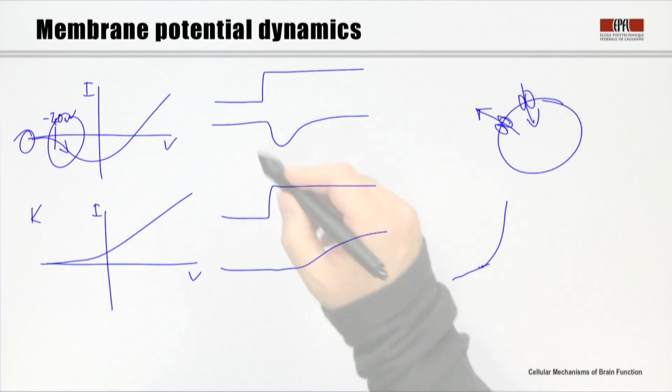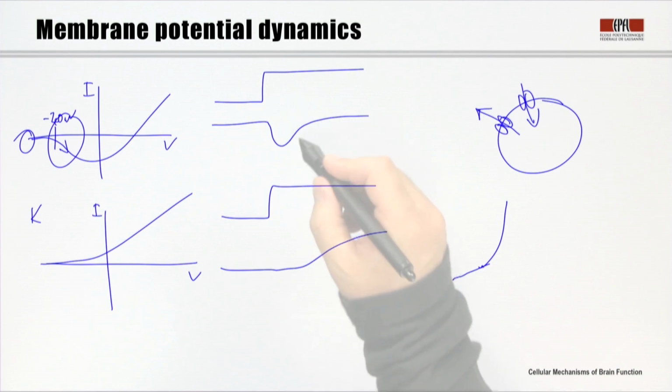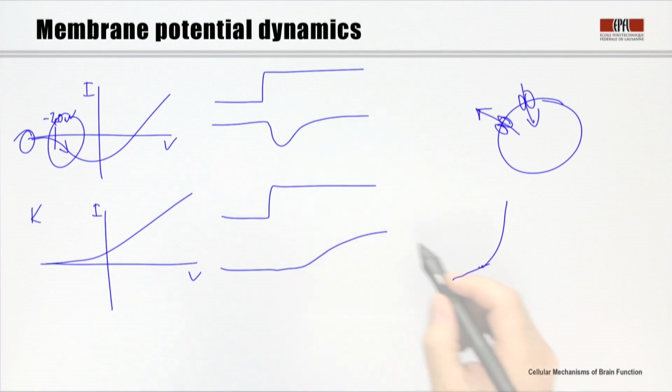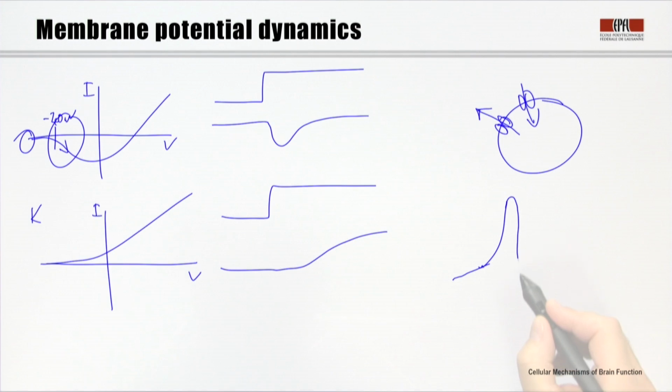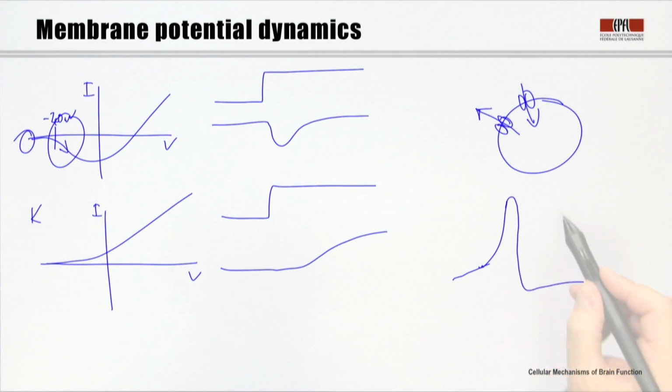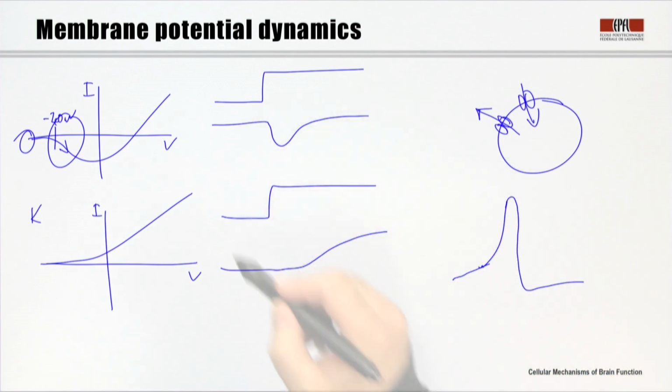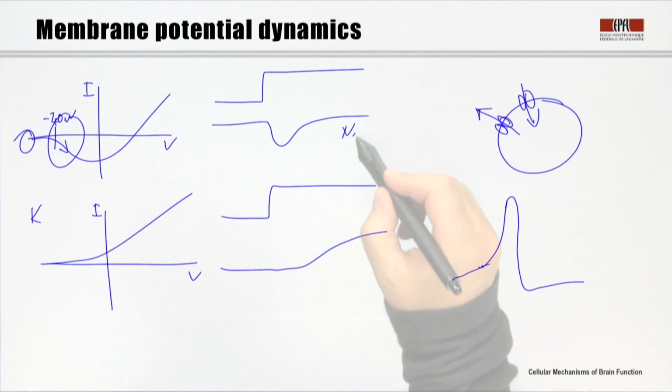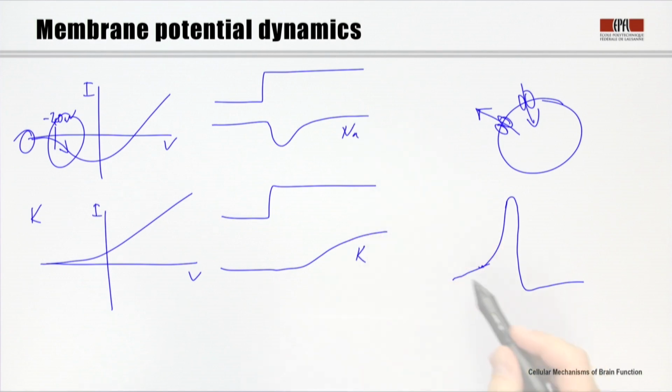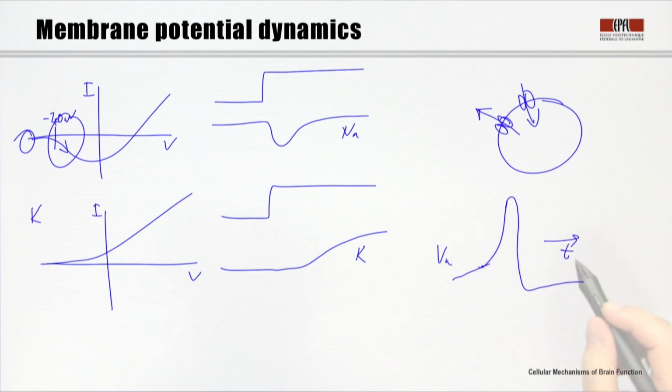This will then inactivate, and at the same time, while the sodium conductance inactivates, the potassium conductance is activating, driving a hyperpolarization. And we'll see it's exactly this dynamic interaction between the sodium and the potassium conductances giving rise to brief transient excursions in the membrane potential with time that drives the so-called action potential. And that action potential is what we'll be studying in the next lesson.